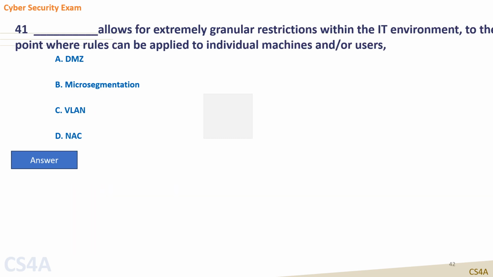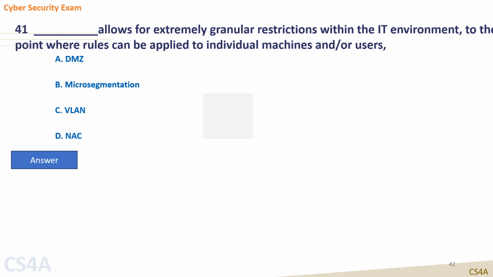So the first question is, dash allows for extremely granular restrictions within the IT environment to the point where rules can be applied to individual machines and or users. Okay, the first option is DMZ. DMZ is not related to granular restriction, and micro segmentation, that might be the answer. And VLAN, it's not. It's kind of creating a virtual LAN inside the network using a layer 3 switch, but it won't provide granular restriction.